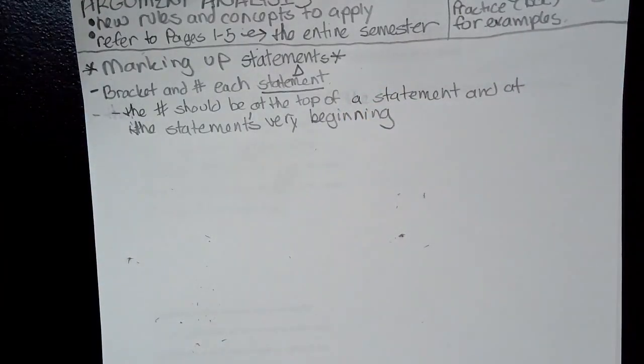Okay. Sometimes I don't see that students have numbered a statement because they put the number below it or they put it in the middle at the end. And so I don't see it.